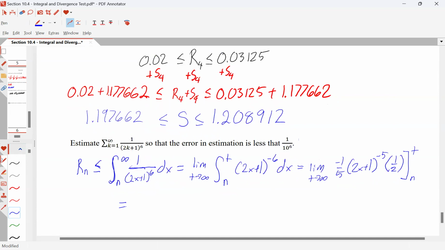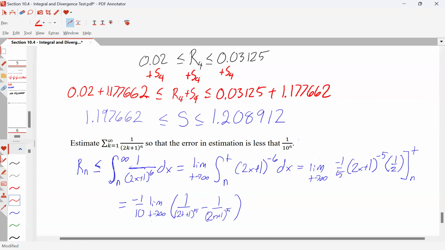Negative 1/5 times 1/2 is negative 1/10. Limit t goes to infinity of 1 over (2t plus 1) to the 5th minus 1 over (2n plus 1) to the 5th.